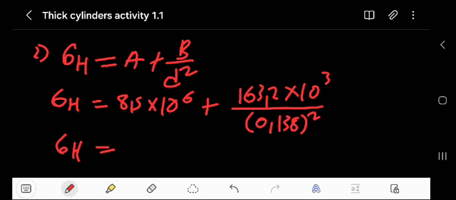You square this, then we'll affect this, and it will be simply 17.07 megapascal.